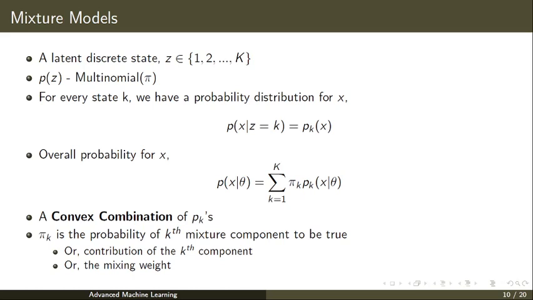As we have seen, a simple latent variable model is a mixture model where our Z distribution, as I've told, is categorical, which means it can take any value from 1 to k. And P of Z is a multinomial distribution.